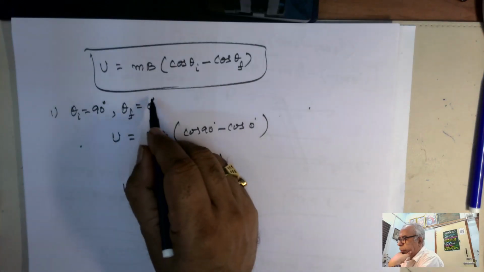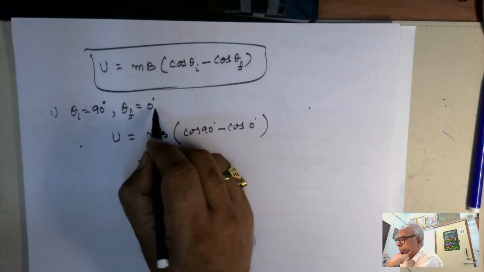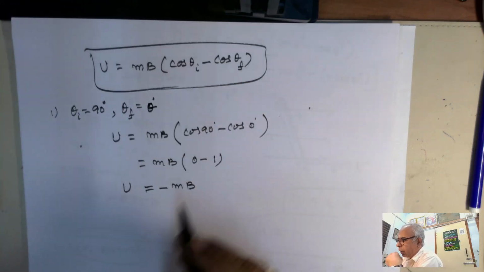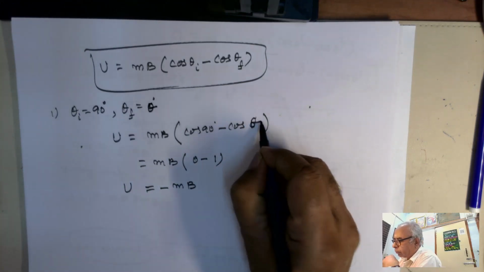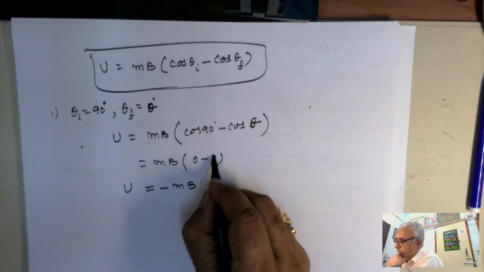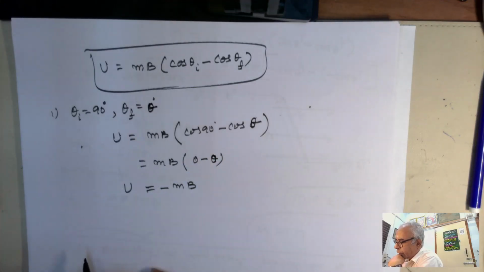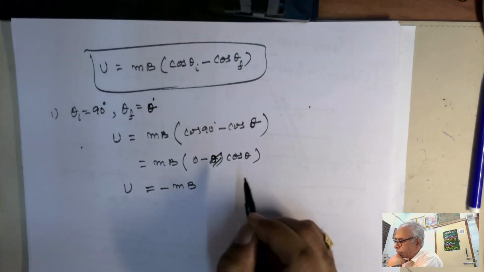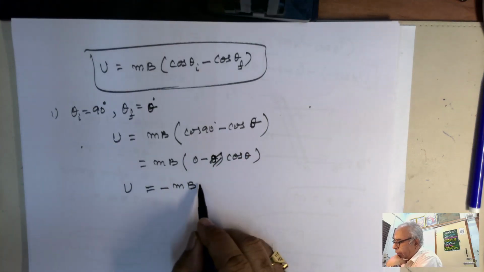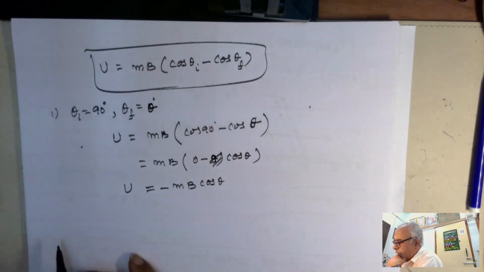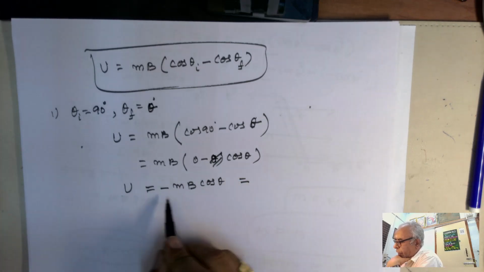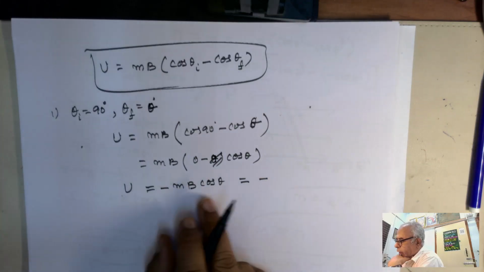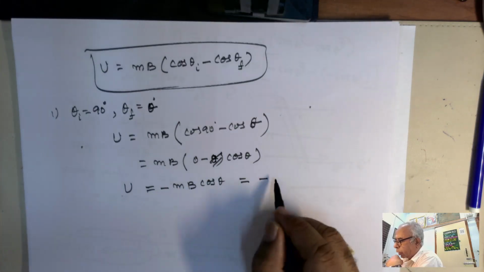Now, if it is not 0, let me put theta instead. In that case, you have to put theta here, so minus cos theta. It means U is equal to minus mB cos theta, which is nothing but the scalar product.